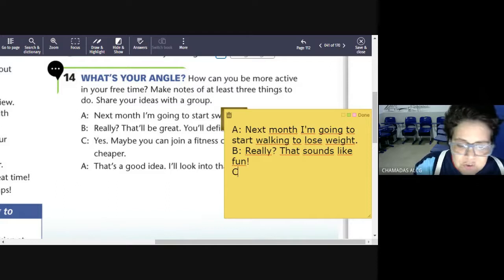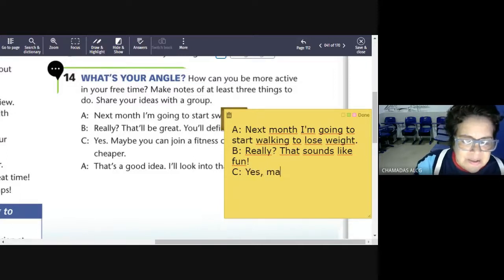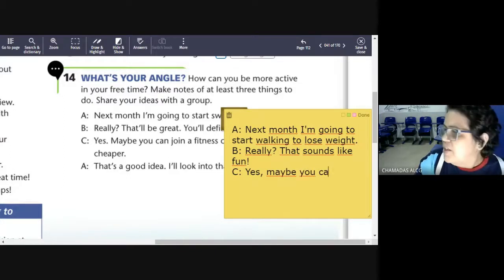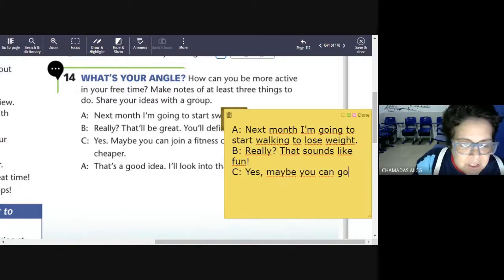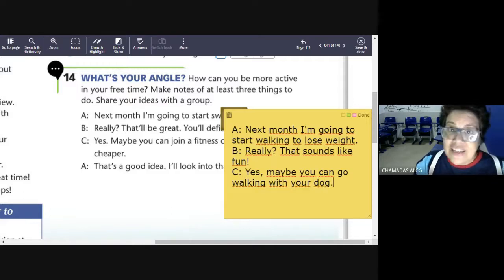And then suppose the other person participates, and then she can say, oh, yes, maybe you can go walking with your dog. That's a good idea, right? So you help your dog too. I have to do this. I have to walk my dog, right? So maybe you can go walking with your dog. And then, of course, I totally agree. I will say that's a great idea.